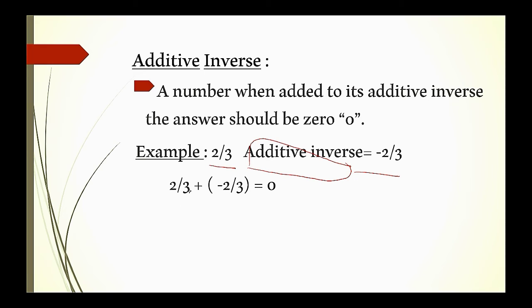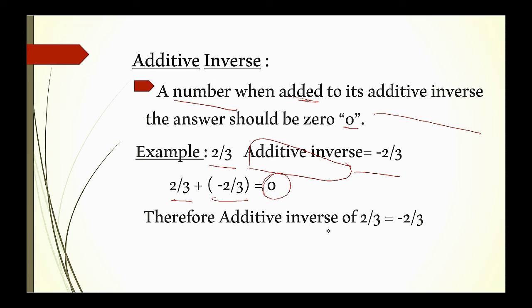See, we saw earlier that when I add a number to its additive inverse, the answer should be 0. Here I am adding 2 by 3 plus its additive inverse minus 2 by 3. The answer is 0. That means the additive inverse of 2 by 3 is minus 2 by 3.